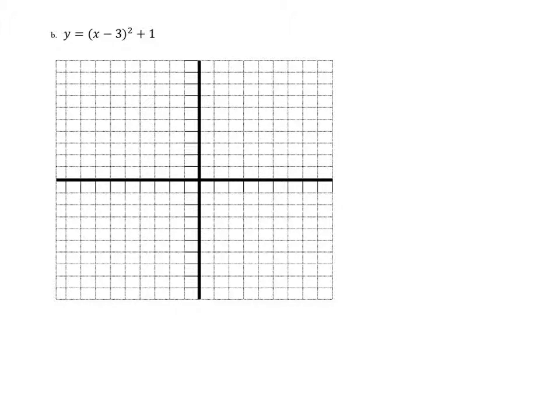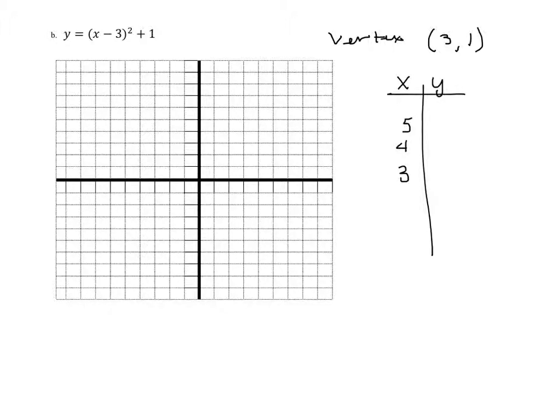Now let's do this one. So, we identify the vertex first. It's 3, comma 1. So now we do our little symmetry chart. There it is.